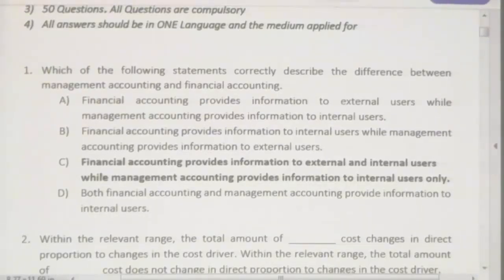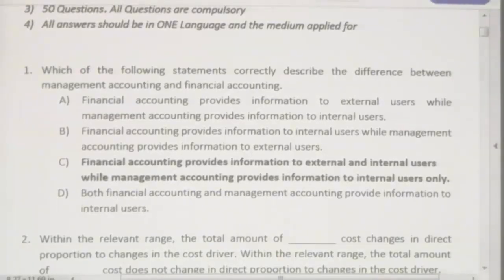But financial accounting is not only for external users. Internal users also use financial accounts. For example, the top management, CEO, finance director, other directors and other managers also use financial accounts in addition to the external users. Therefore, answer A cannot be accepted.